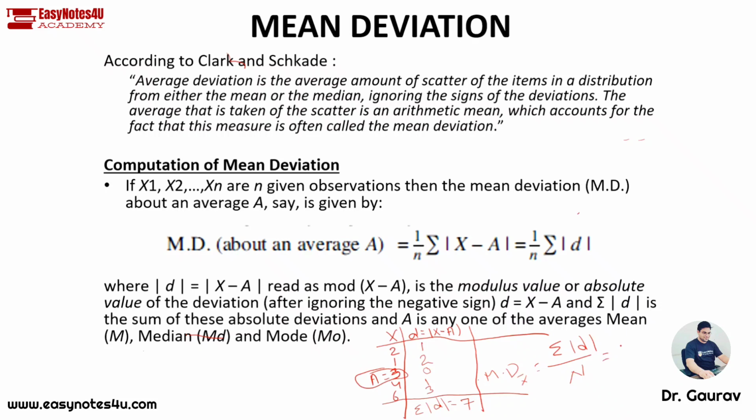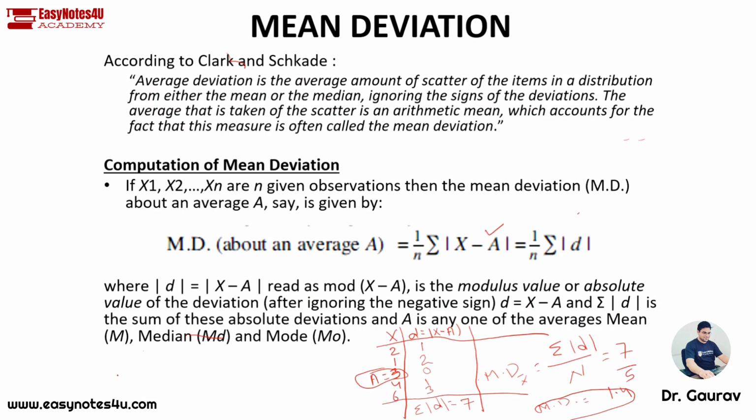The summation d is 7, divided by n, the total number of observations, which is 5. So the value of mean deviation will be 1.4. So 1.4 will be the answer when we calculate from the assumed mean method.